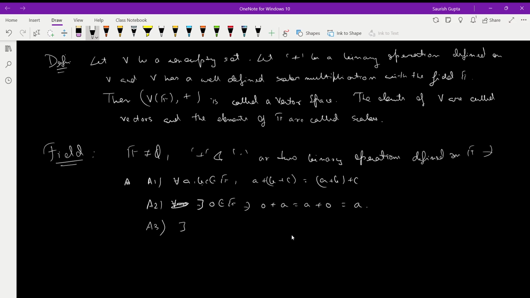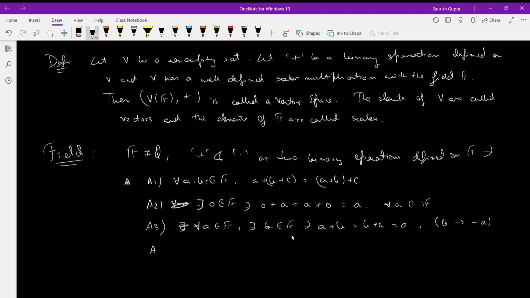The third axiom is that for all elements A in F, there exists an element B in F such that A plus B is the same as B plus A, which equals 0.